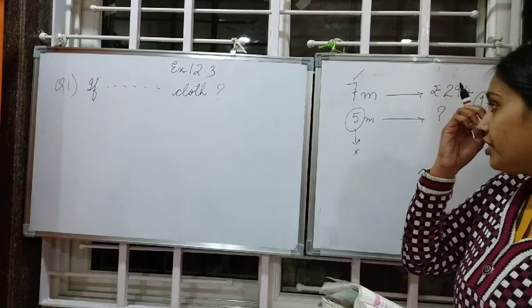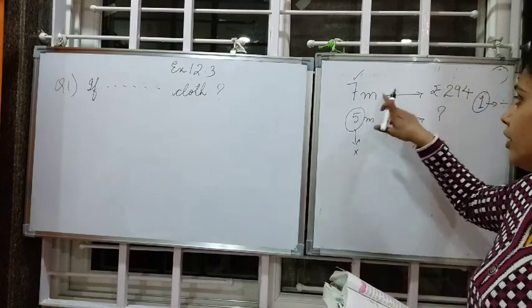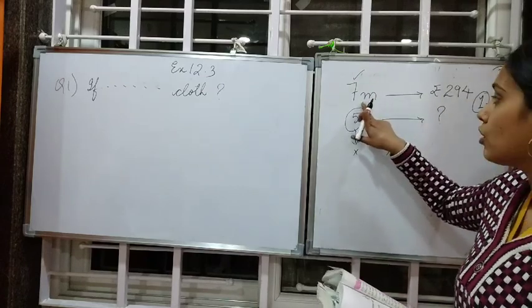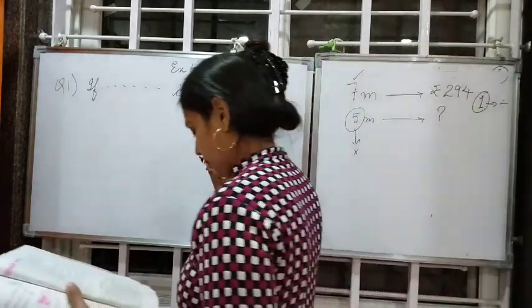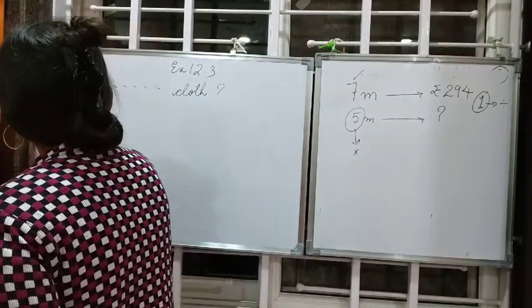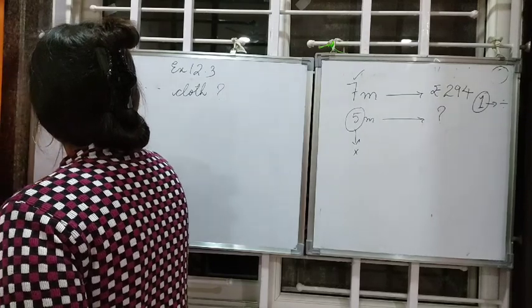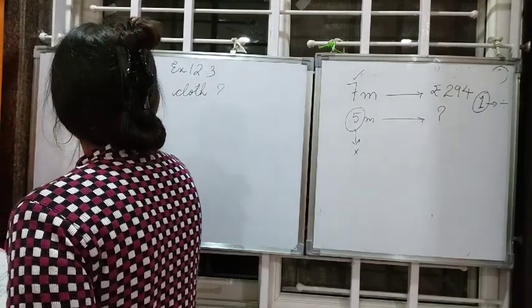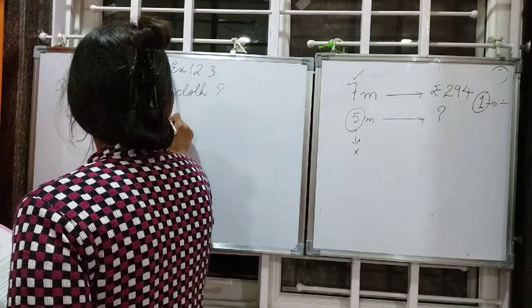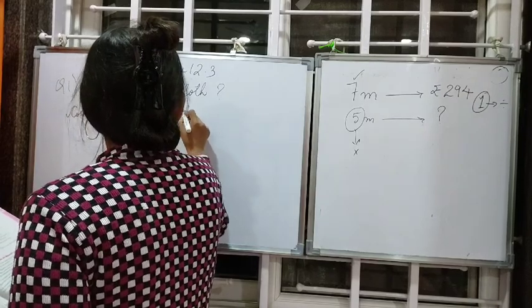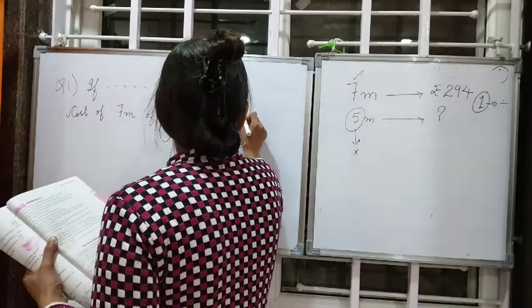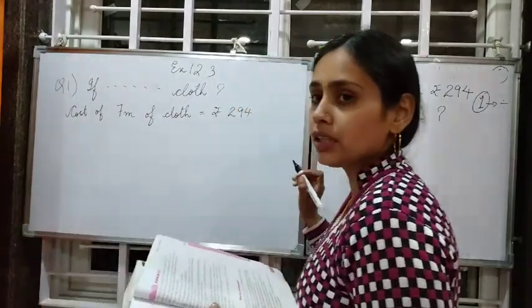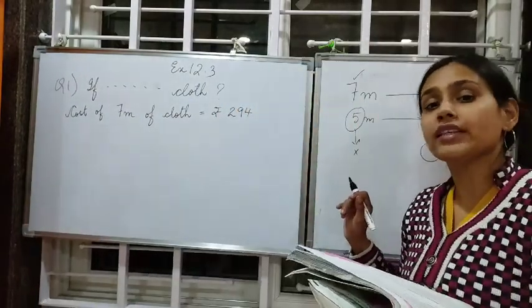So, the first statement will be about what is given. Cost of 7 meters of cloth is rupees 294.